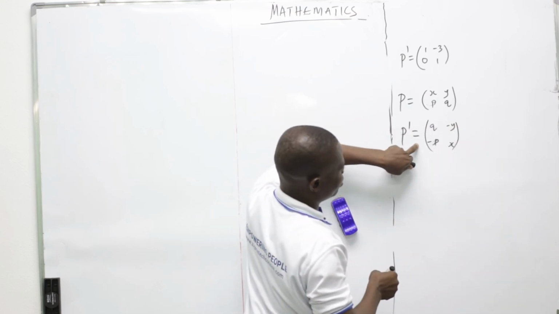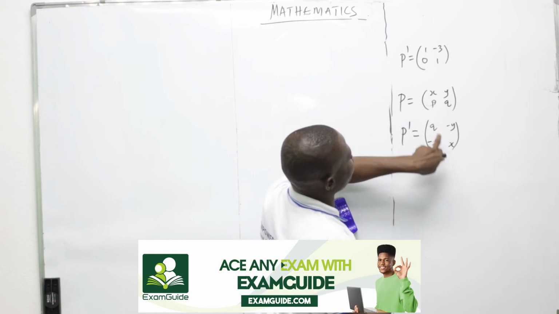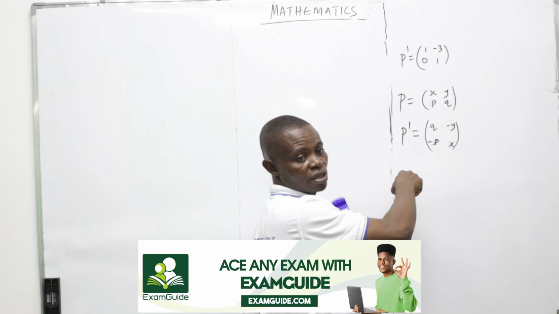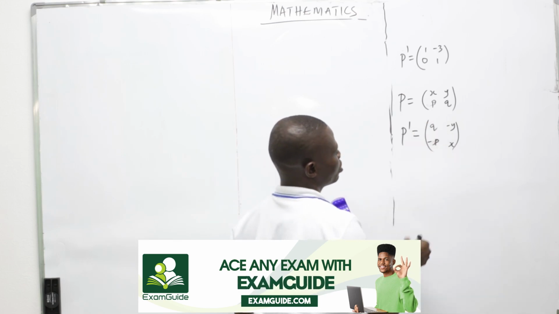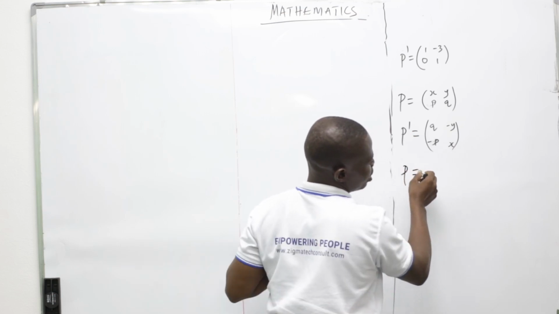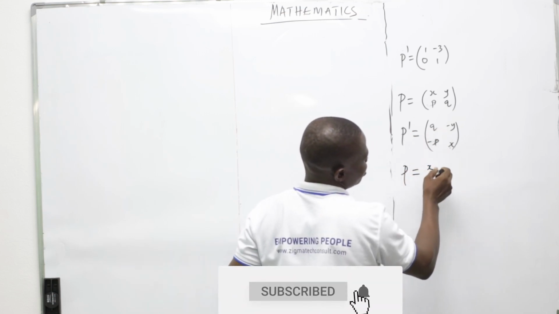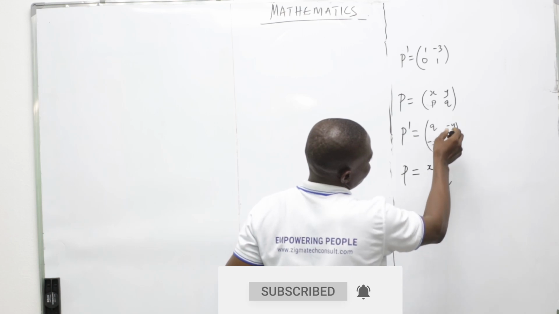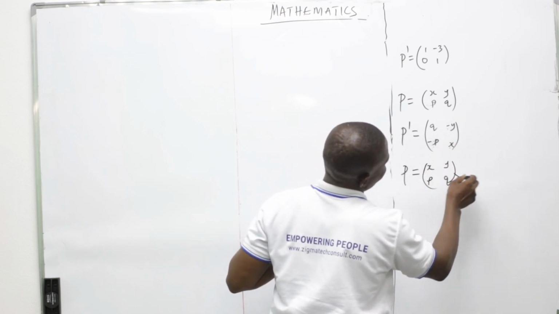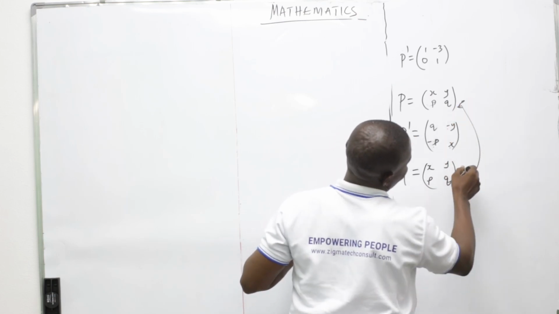If this is an inverse, to get the original matrix from here is still change of the position, divided by the determinant. So to get the original P, X comes here, attach minus, which is Y, attach minus, this is P. Can you see it? The original matrix.